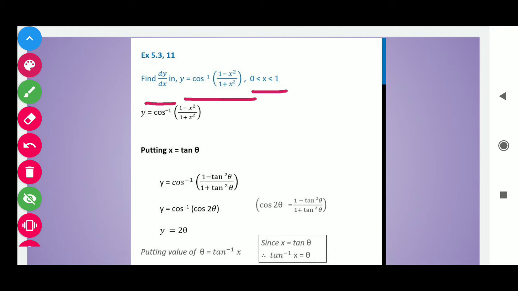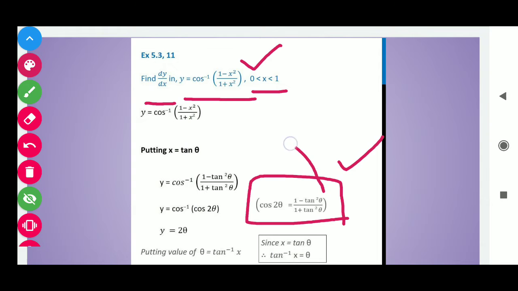First, notice the formula cos 2 theta is equal to (1 minus tan square theta) over (1 plus tan square theta). Now, compare the question with this formula. In this way, clearly you will observe that if we put x is equal to tan theta, then the question becomes easier. So students, let's start the solution.